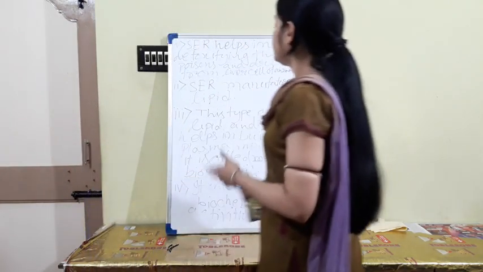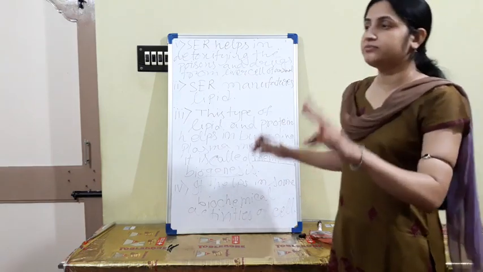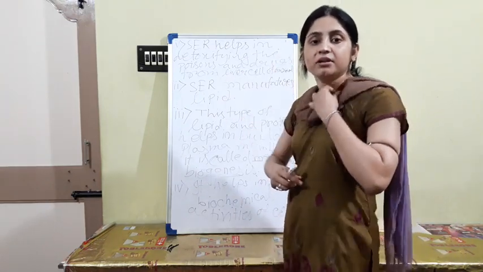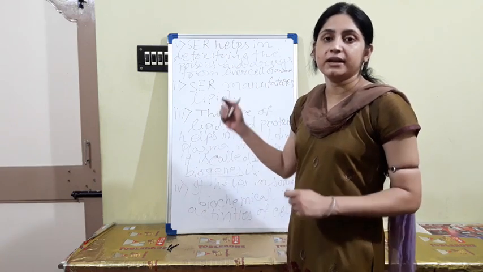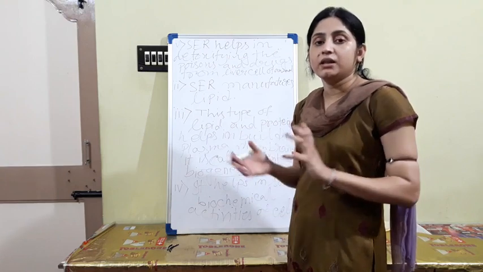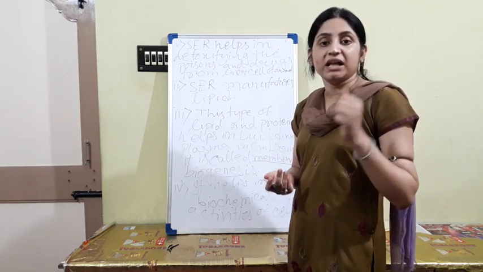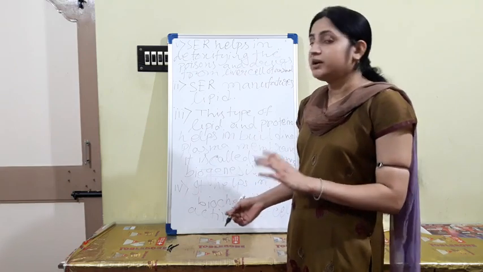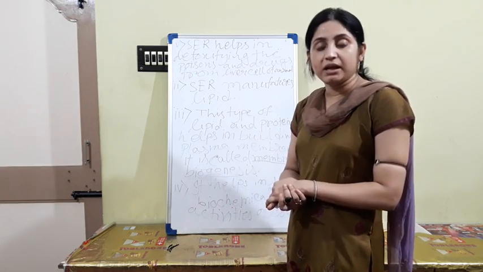So there are 5 functions of the endoplasmic reticulum. First, RER helps in protein manufacturing, SER helps in lipid manufacturing. This protein and lipids help to build the plasma membrane. This process is called membrane biogenesis. Another one, it also helps in some biochemical activities.